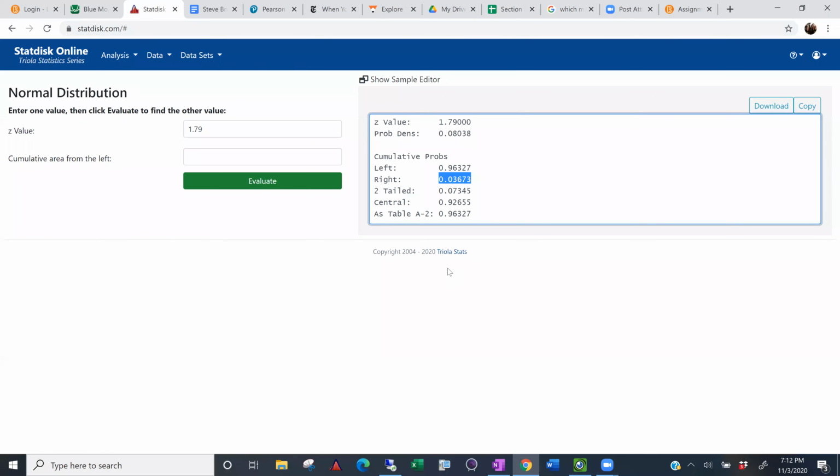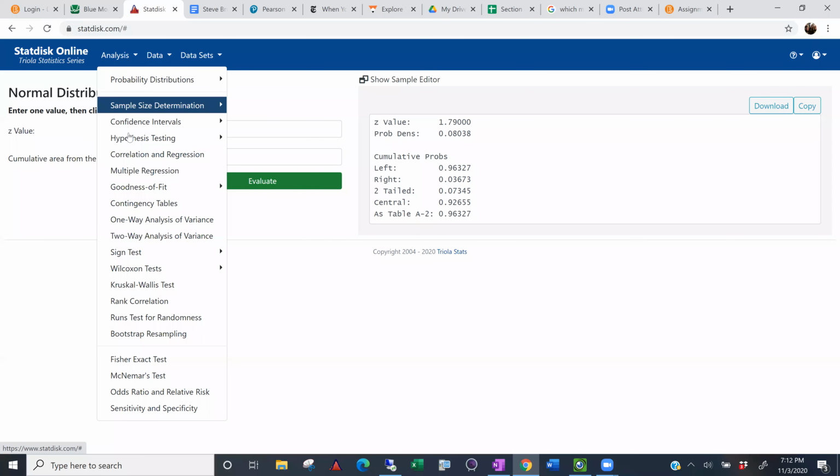Let's think. So from Statistic, you want to go to analysis. And I realize that I'm not showing what I'm writing here yet. So it's going to be analysis and then hypothesis testing.